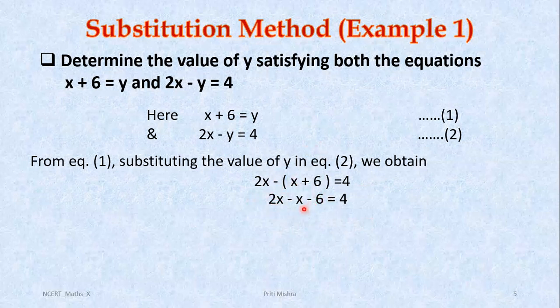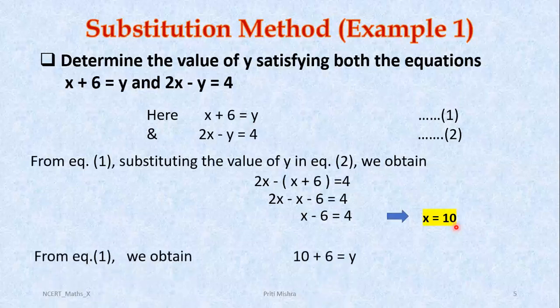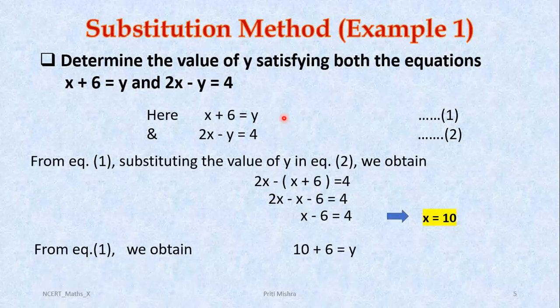So 2x minus x is x, x minus 6 is equal to 4, then x will be equal to 10, just by shifting this 6 to the right hand side. So now we have the value of x. Then from equation number 1, we can find the value of y just by replacing x by 10. So 10 plus 6 is equal to y, which means y is equal to 16.